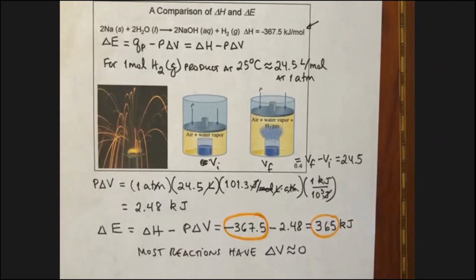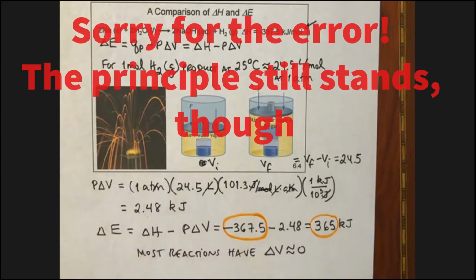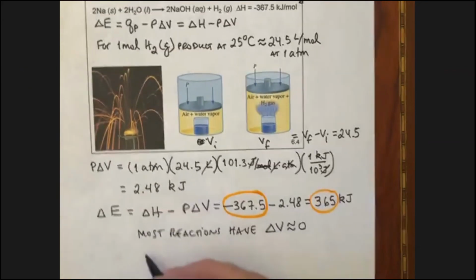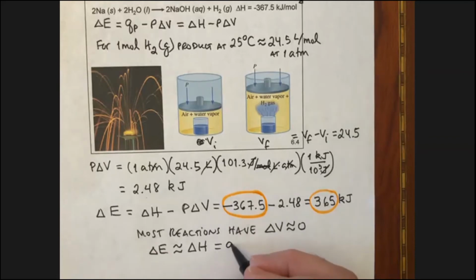So in other words, when we're studying chemical reactions, for all practical purposes, the only energy exchange that is meaningful, significant, and measurable by us is essentially the heat of the reaction.